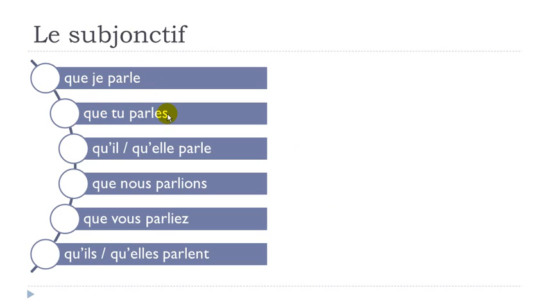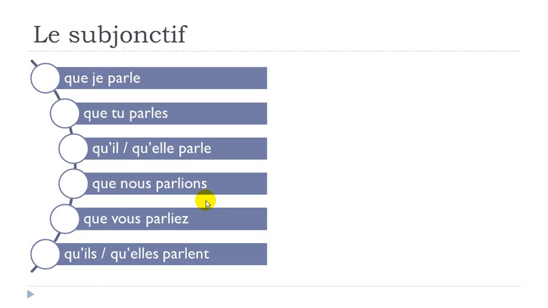Que tu parles, same thing. Qu'il parle, qu'elle parle, exactly the same thing as the present form. And then qu'il parle, qu'elle parle, same. It's like the present form. Que nous parlions and que vous parliez, it's exactly the same thing as the imparfait.